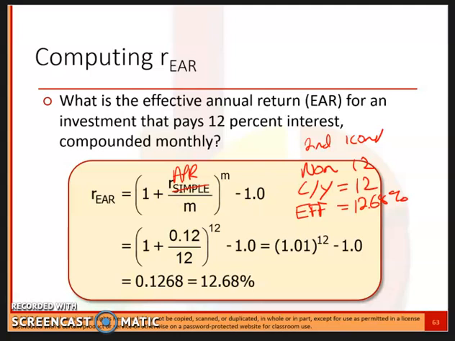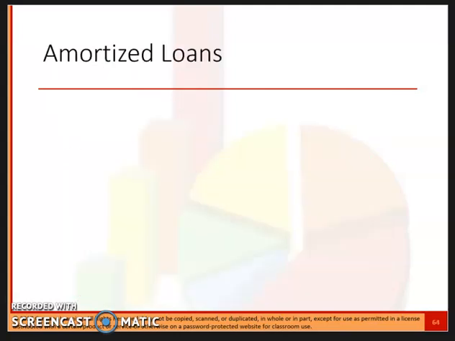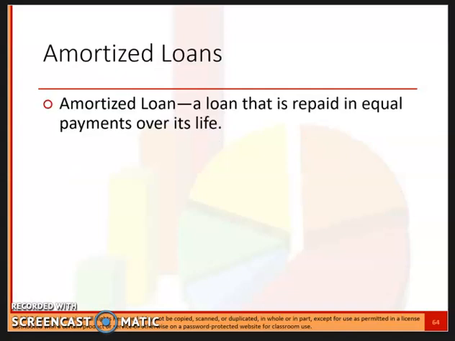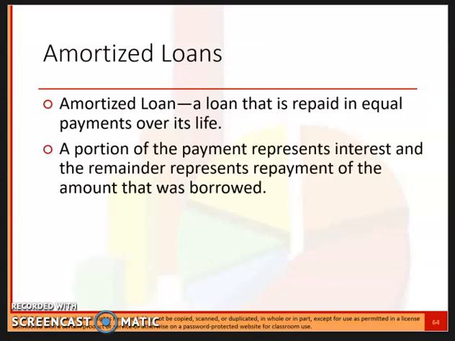So loan amortization is the next topic. A loan is repaid in equal payments over its life. Your car payment, your mortgage payment, your student loans, any of those will qualify for this. A portion of the payment represents interest, and the remainder represents repayment of the amount borrowed, or principal.